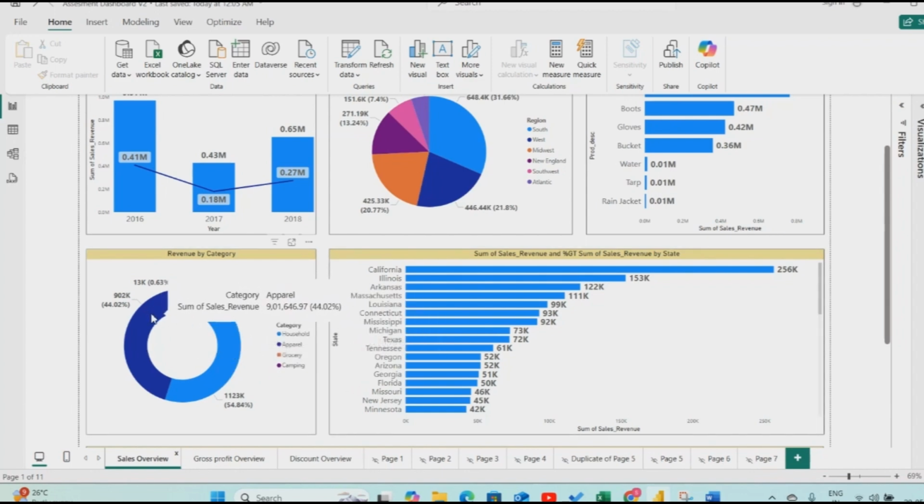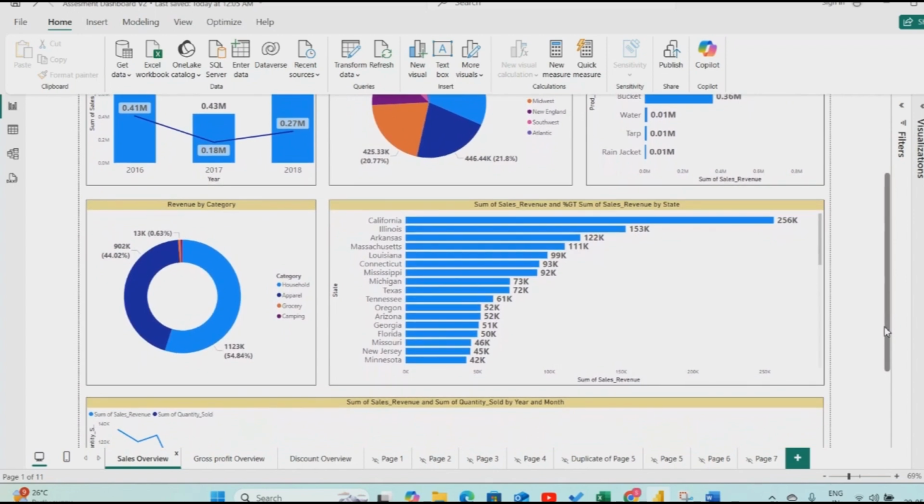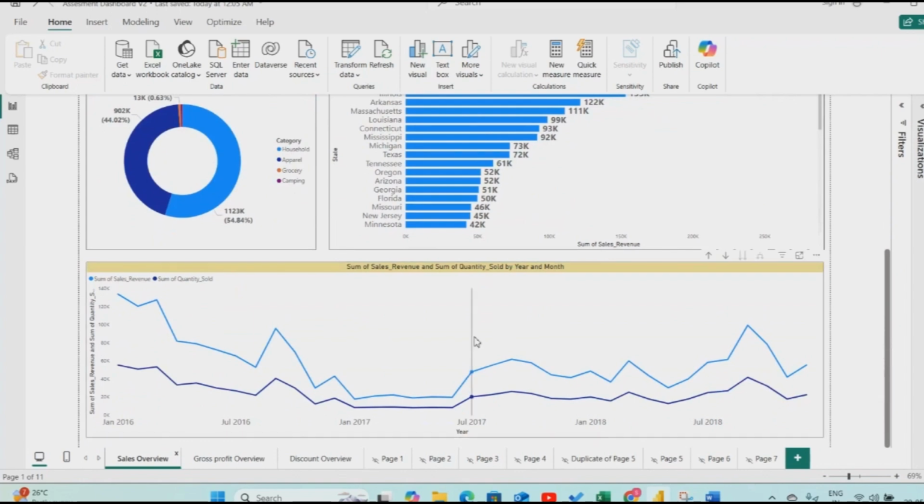Also, when we see the sales by state, California contributes around 12.5% of the total revenue, and the top 8 states contribute around 50% of the total revenue generated.